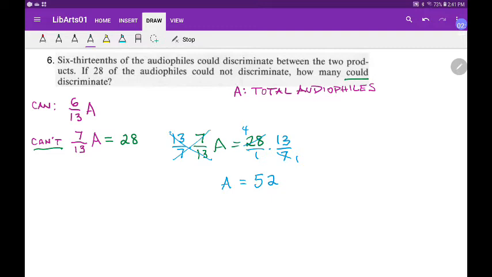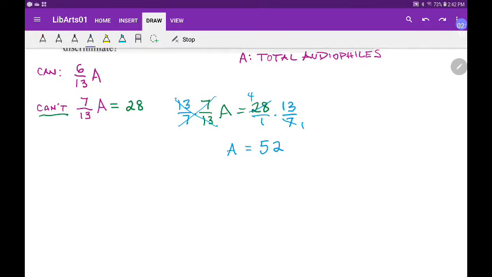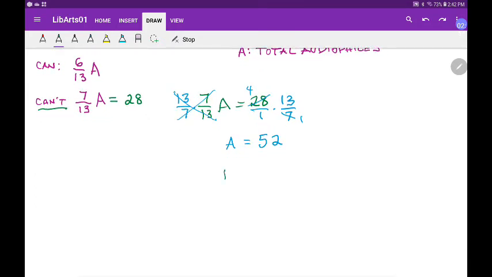Now, they want to know how many can discriminate. Okay, well, if you recall, that's up here. That's the number that can. Okay, so I got to take 6/13. Let's do this. 6/13 of the total, which is 52, is equal to what? If I want 6/13 of something, I multiply 6/13 by something. That gives me, well, let's see, 13 and 52, they're related.